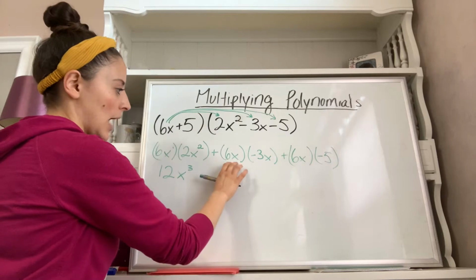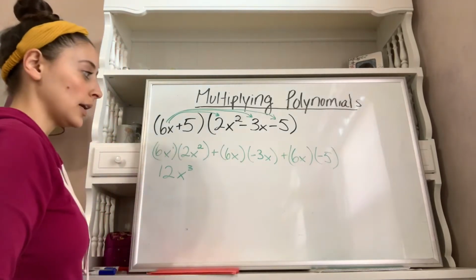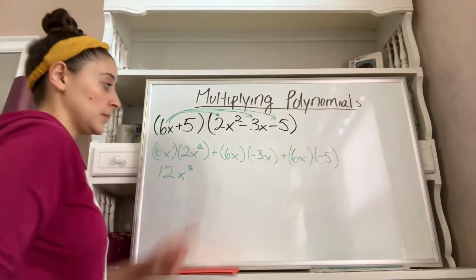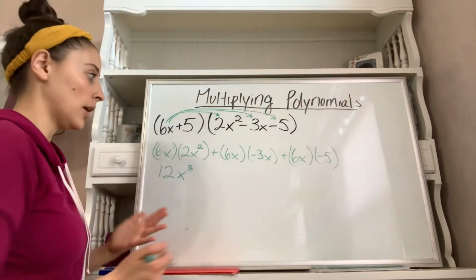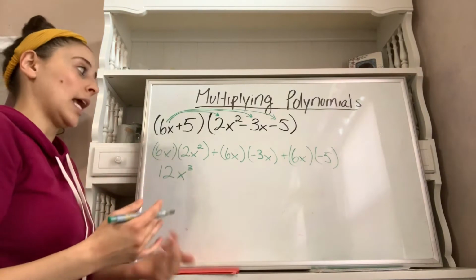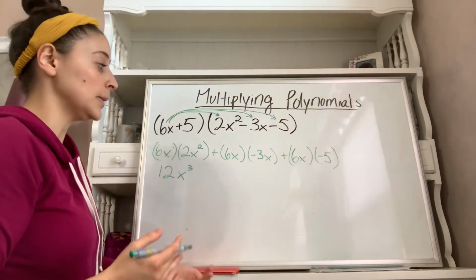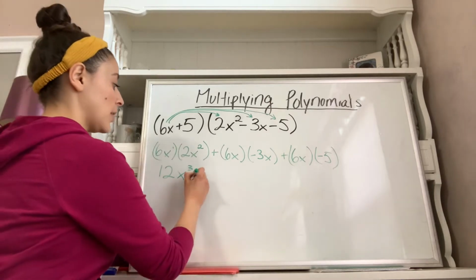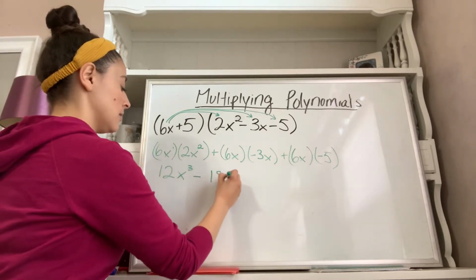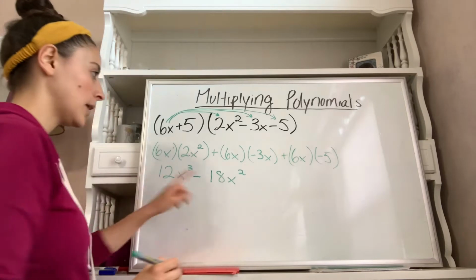And now we have a 6x times a negative 3x, and that's going to become 6 times negative 3 is negative 18, x times x is x squared, so that's going to be a negative 18x squared, but we can just write that as minus 18x squared, okay?